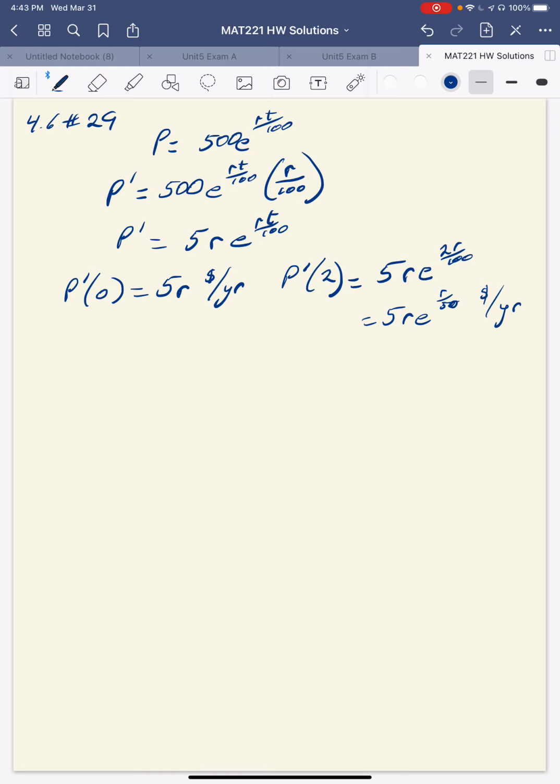Okay, so that took care of part A. And notice we can't actually get a final value there because we don't know what R is. We just know R is a constant, and so we have to have things in terms of R.